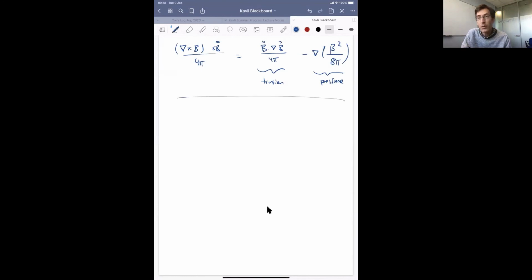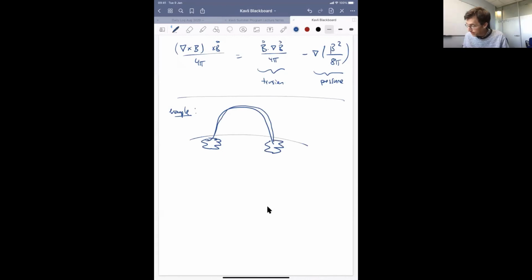Okay, so in the last few minutes, I wanted to give you a couple of examples of how you'd use this stuff. Let's imagine that we're thinking about the sun, and we want to think about whether or not magnetic fields are likely to be important in a particular problem. We've got a coronal loop sticking out of the sun, some magnetic field line that's threading the solar surface, and it's being dragged around by convection down here.